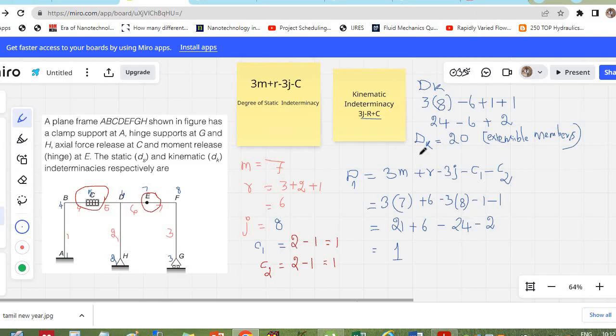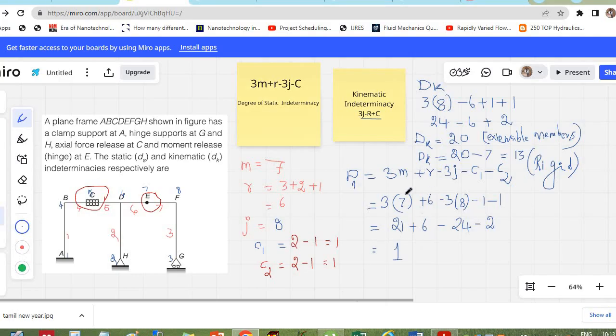If you want it for rigid members, you subtract the number of members, which is equal to 7, from 20. So that will give you 13. So 13 is for rigid members. You understand? So these types of questions are often asked in competitive exams.